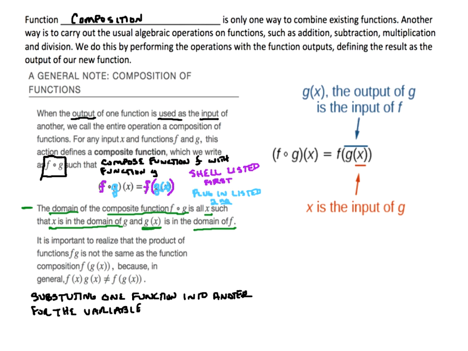So you're using the output of g as the domain for f. So you've got to check all this before you can talk about what is the domain of the composed function.